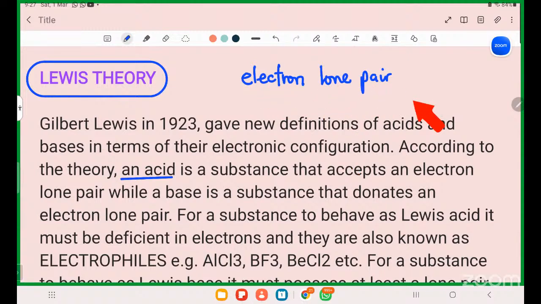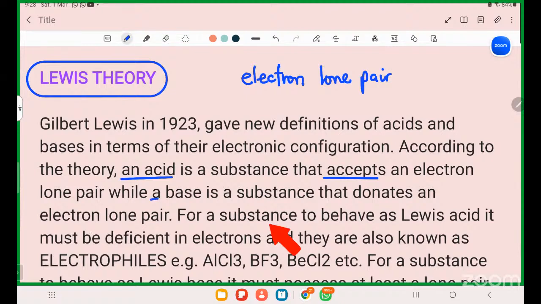So what did he say? He said an acid is a substance that accepts an electron lone pair. And a base is a substance that donates an electron lone pair.